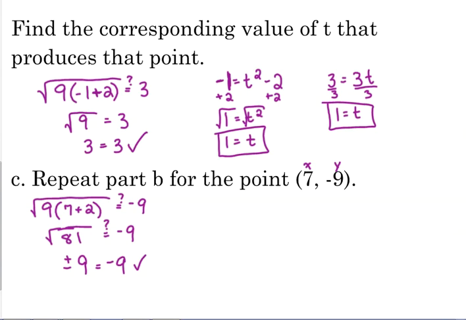Now find out what value of t gives us those points. So our x is 7, so we set that equal to our x equation. Our y is -9, we set that equal to our y equation. Again, the y equation is easier to solve. We do get -3 here.